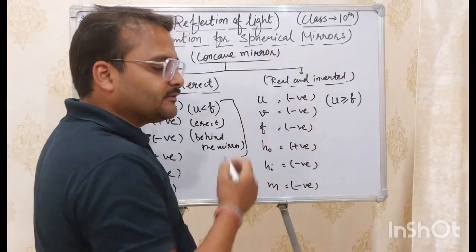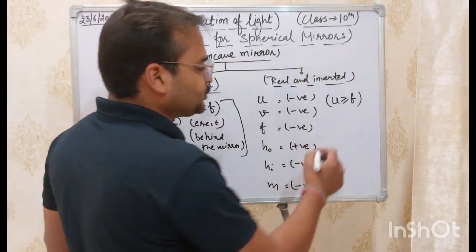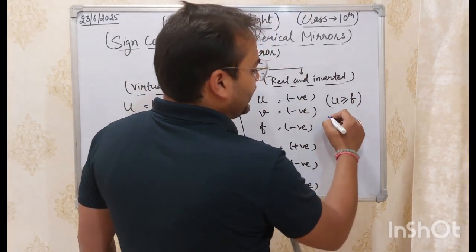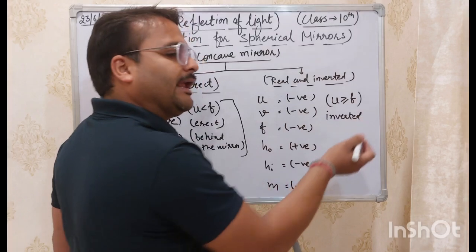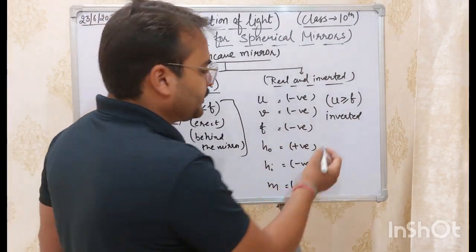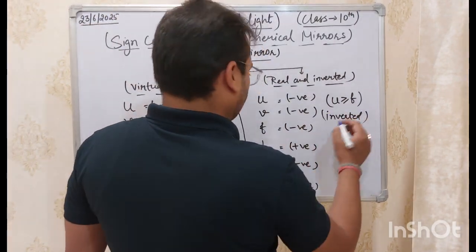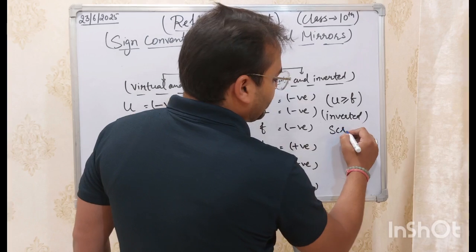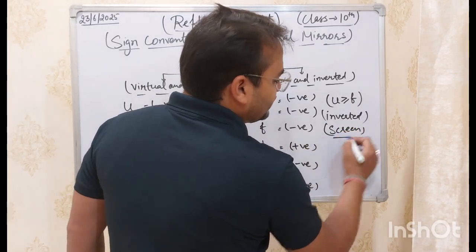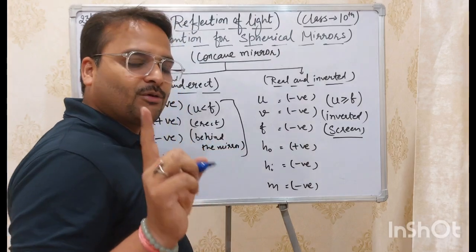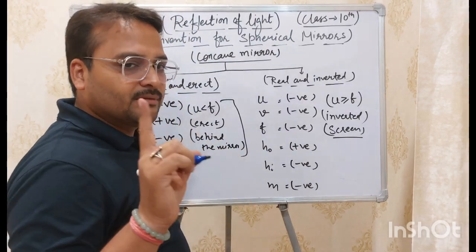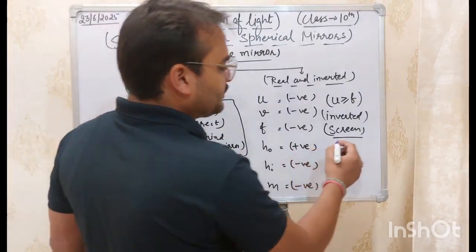So all these sign conventions we have to use for the real image. Second, if they have given the hint inverted in the numerical, or directly tell you that a real image is going to be formed. Third, very important, if they use the word screen, then a real image is always formed on the screen. You already discussed these basics.